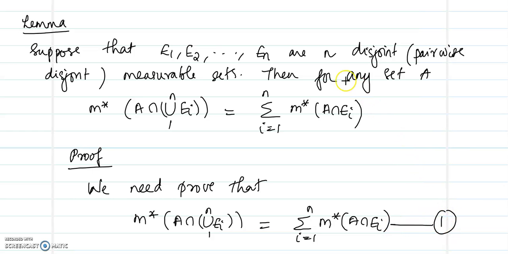Let us call this equation 1. Now the proof is using mathematical induction. So let us first prove for n equal to 1. Then we will assume that the result is true for n minus 1 sets. Then we need to prove it for n sets.